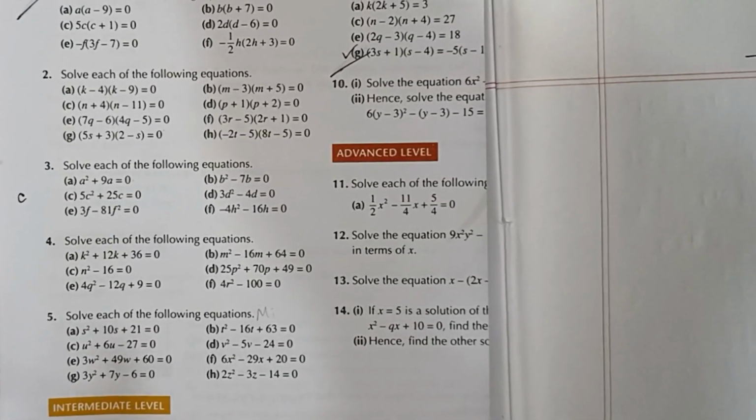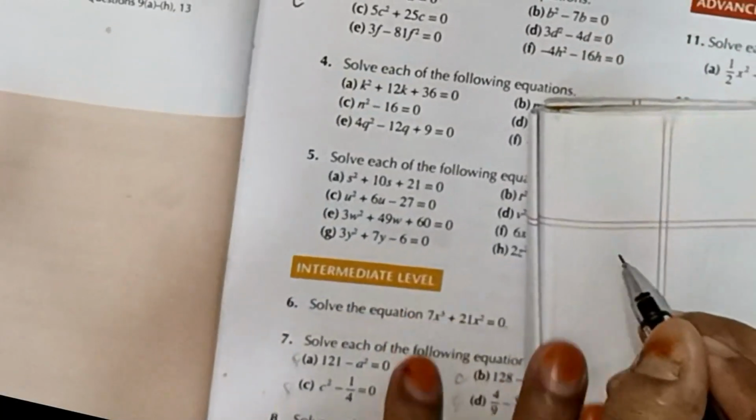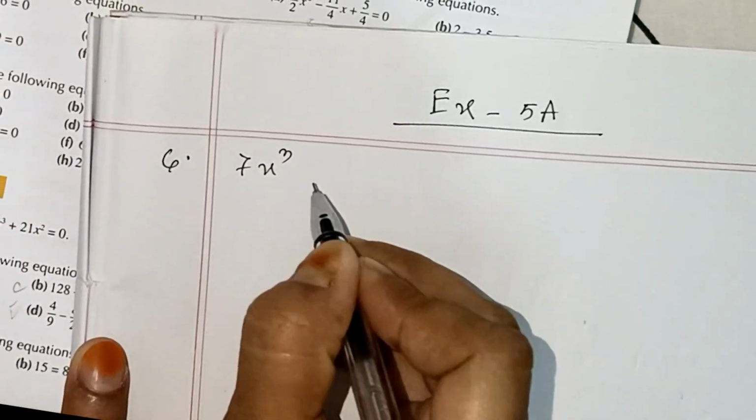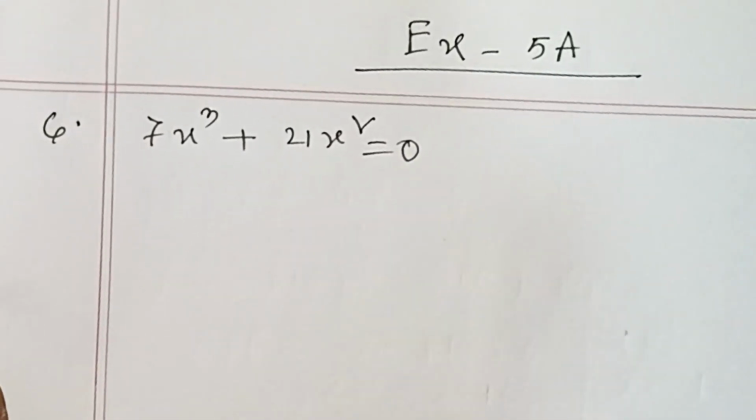Intermediate level, question 6. Solve the equation 7s cube plus 21s square is equal to 0.